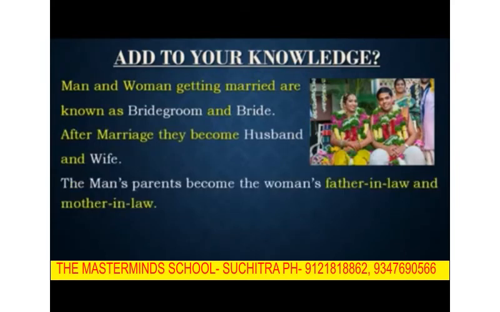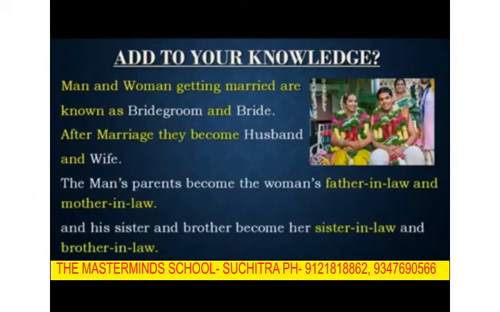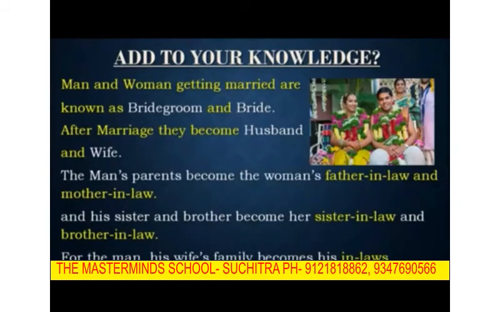The man's parents become the woman's father-in-law and mother-in-law, and his sister and brother become her sister-in-law and brother-in-law. Children, likewise for the man, his wife's family becomes his in-laws.